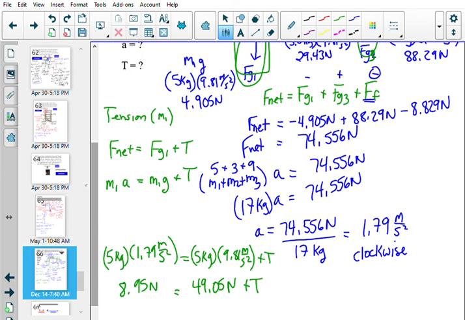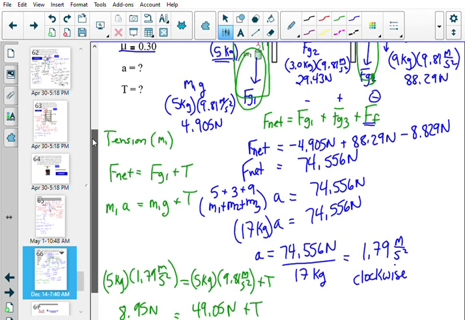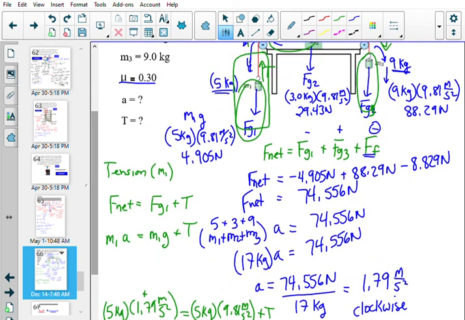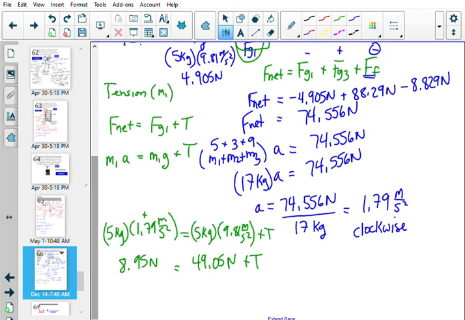We have to be careful here. So my F net was positive, because this was in the positive direction. That acceleration was positive. Fg1 is down. Fg1 is in this direction, so that is a counterclockwise direction. So this is a minus. So I have to make that a minus number.